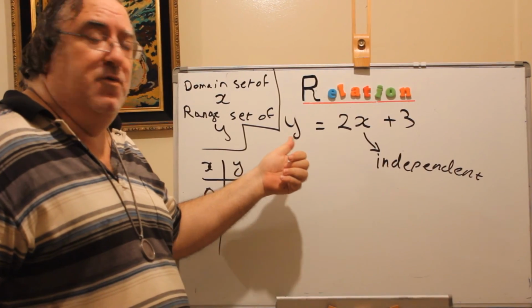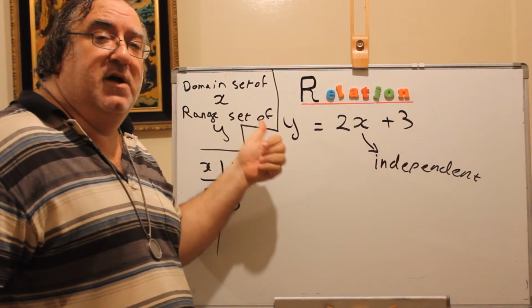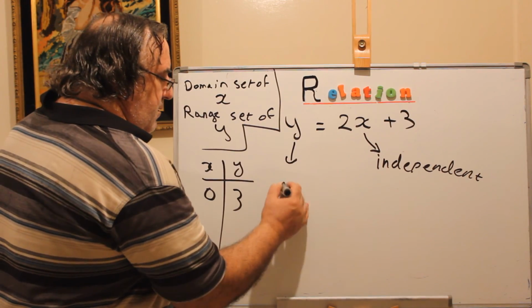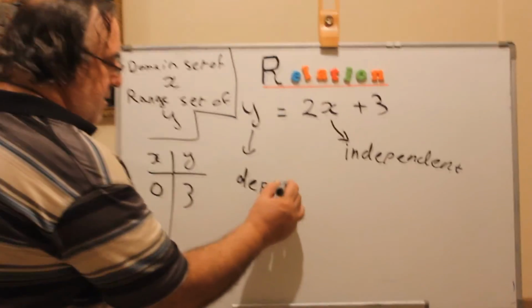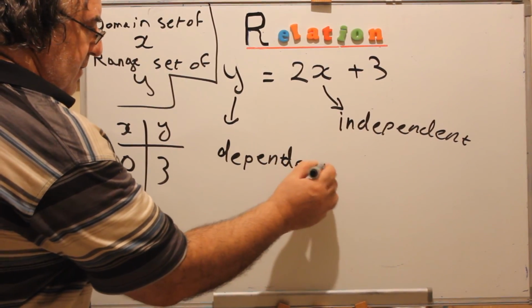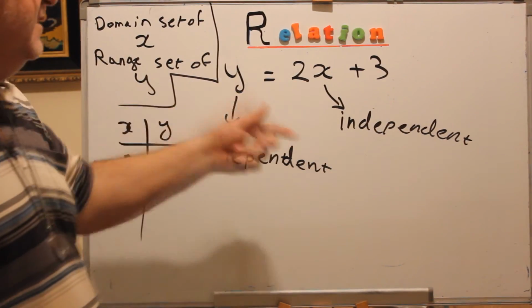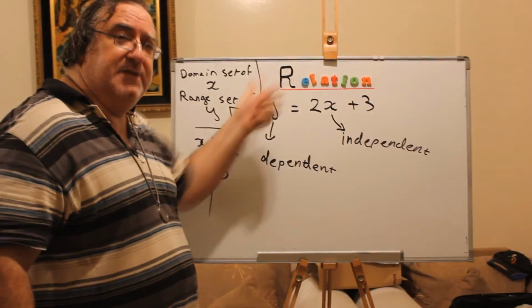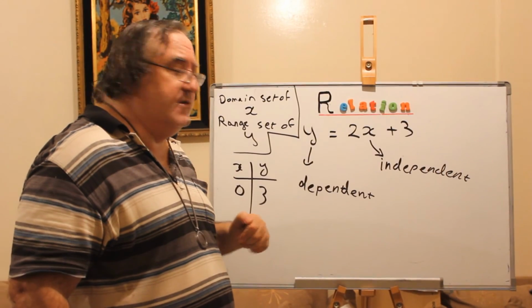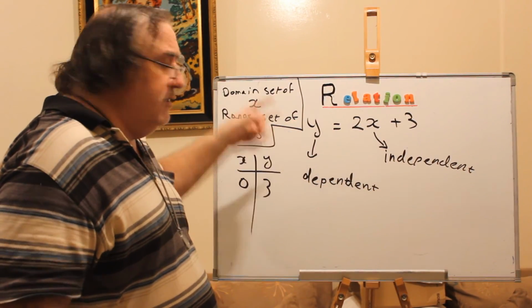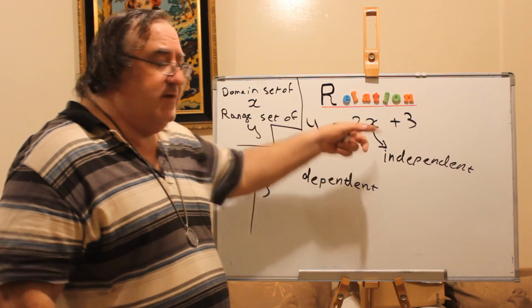But whatever value you give x, y depends on x, so we call it dependent. So whatever value you give x, y has to follow what is given to x. So it depends on the variable x. So we call x independent because it's free, and y dependent because it depends on the variable x.